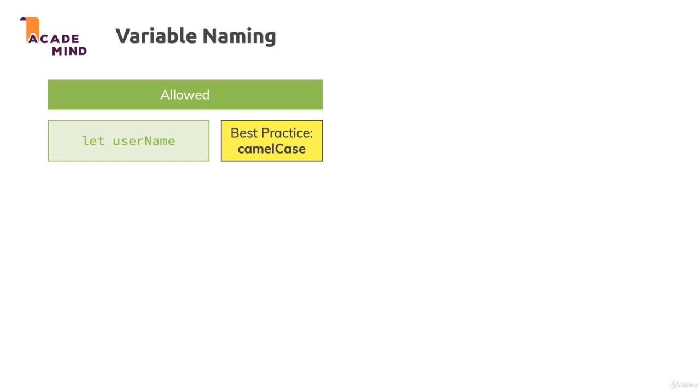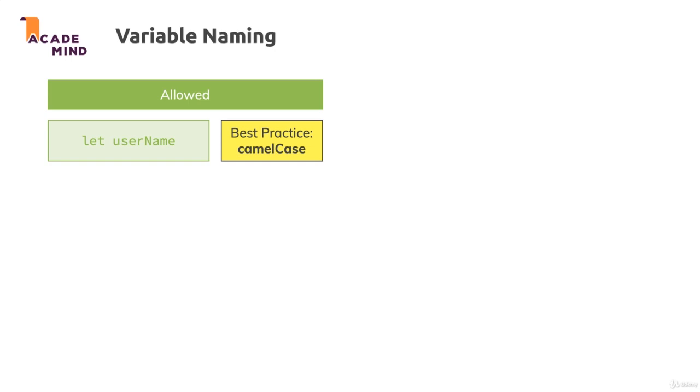So there are no blanks in there, no white space. That would actually be forbidden. But every word inside of the word, like name here in username, starts with an uppercase character to make that more readable. So that would be a variable name which is allowed.